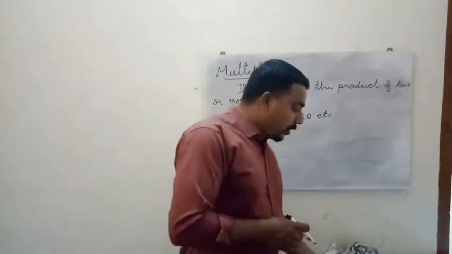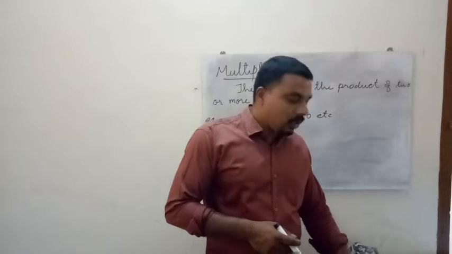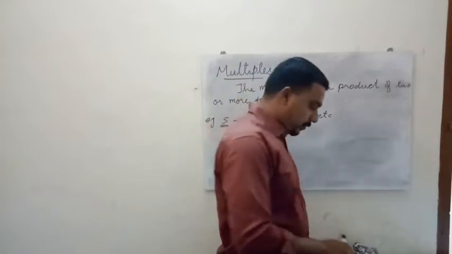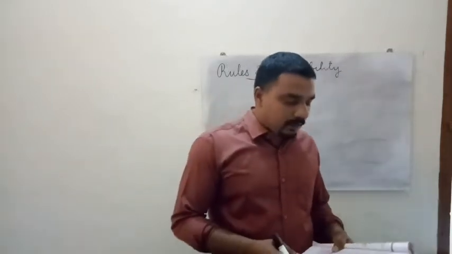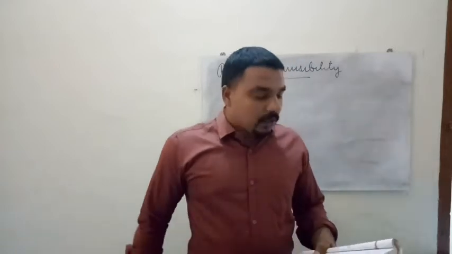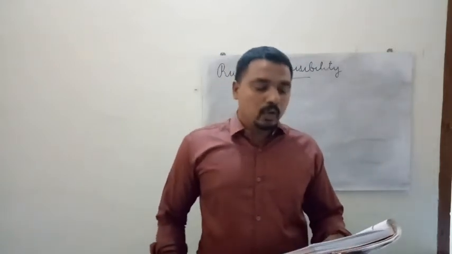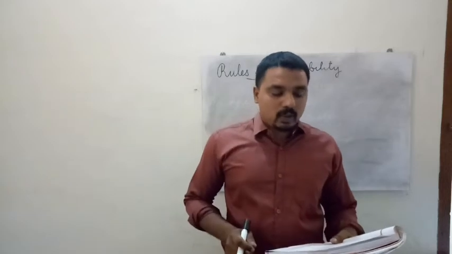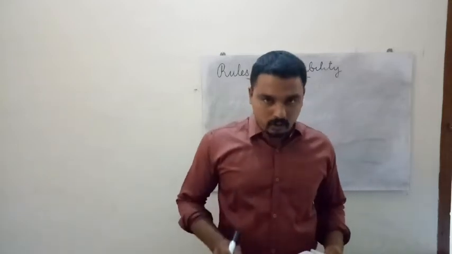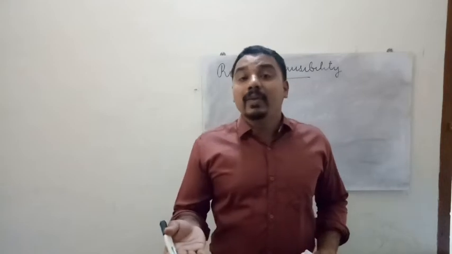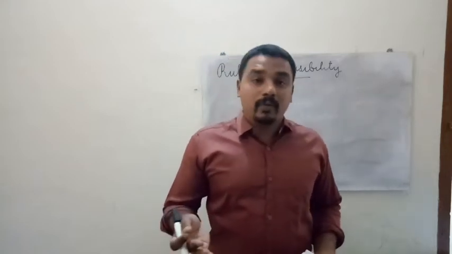And moving to the next point, rules of divisibility. First one is divisibility by 2. A number is divisible by 2 if the digit in its ones place is divisible by 2. What we have to see?